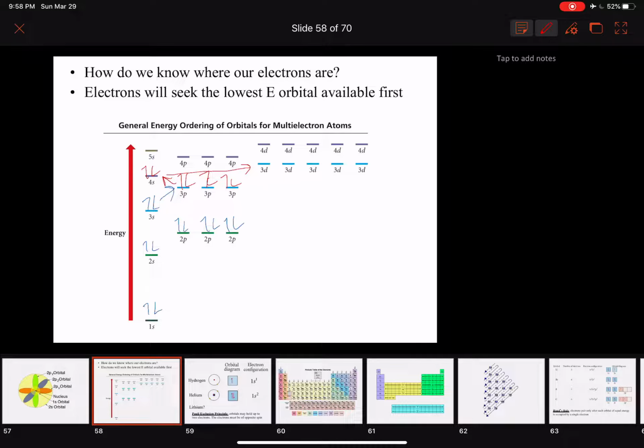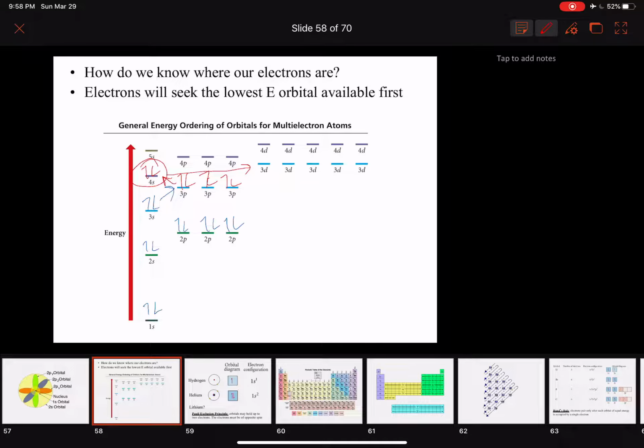So the 3ds are actually higher in energy than the 4s, even though the 3ds are inside the 4. Okay, so the 3d orbitals are closer to the nucleus, but those 2 electrons, they pop out into the 4s and go farther away from the nucleus first, because it's actually lower in energy. And again, the next 10 are going to pop into the 3ds.